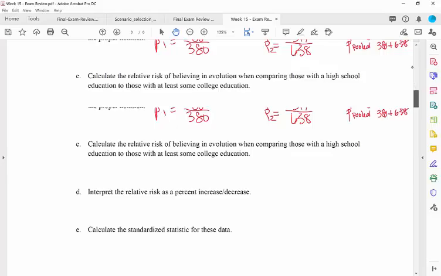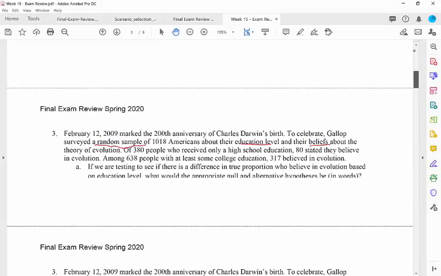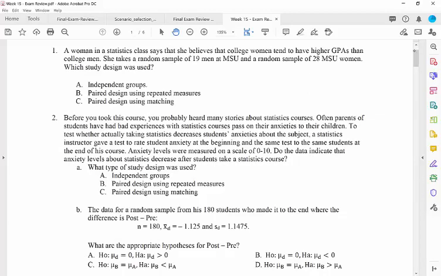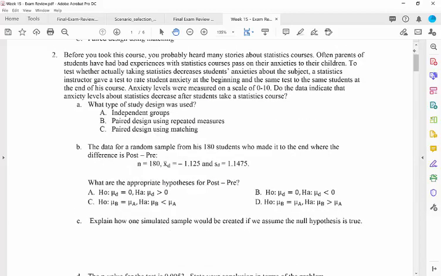So I'm going to go all the way up to the first question here. Actually, let's just talk about the second question. So this is looking at this stats course. Often parents of students that have had bad experiences with statistics courses pass on their anxiety to children.